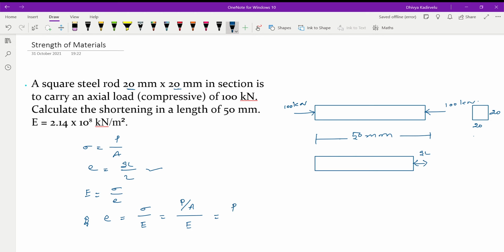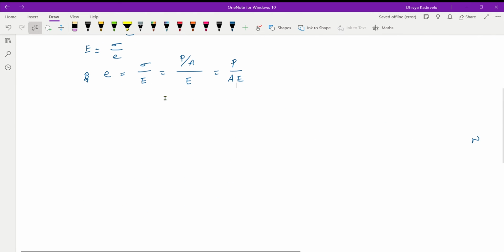So strain is equal to P divided by A E, right? This strain can be written as del L by L, so del L by L is equal to P divided by A E. So del L is equal to PL divided by AE.